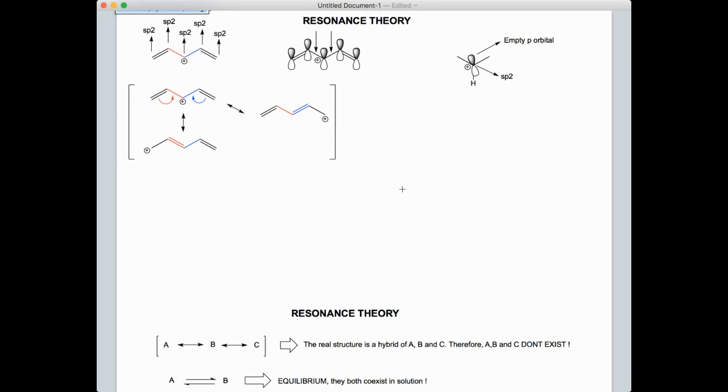A hybrid of these three structures, meaning that I'm going to try to draw what the hybrid means. Especially at the very beginning when you're learning this, this might be pretty helpful. It means that there is delocalization all over this area.